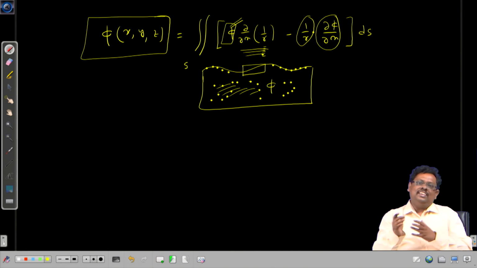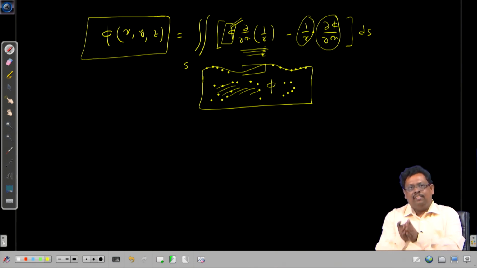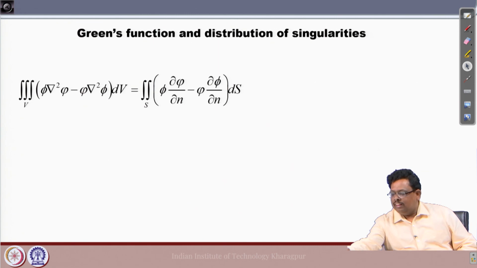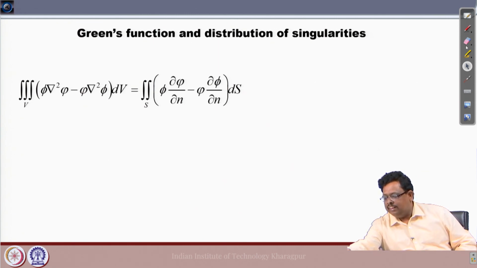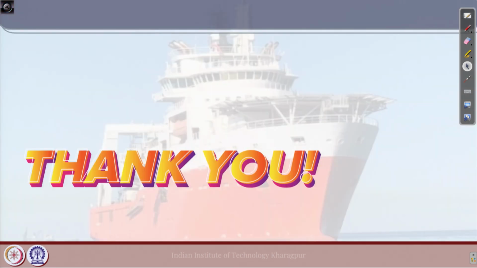See, everything is interrelated. For the 2 dimensional flow past the cylinder everything is fine, but here also the same concept I am applying to solve the 3 dimensional problem. Okay. So, this is basically the classical boundary integral equation that we are going to solve in coming days. Okay. So, with this, thank you.